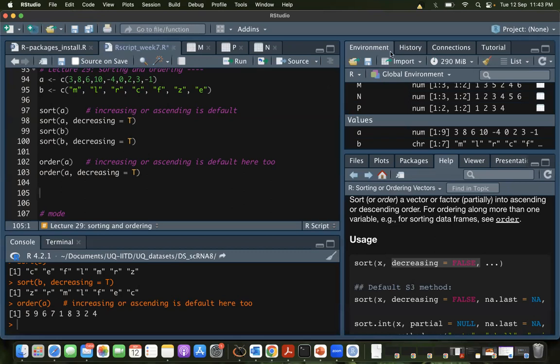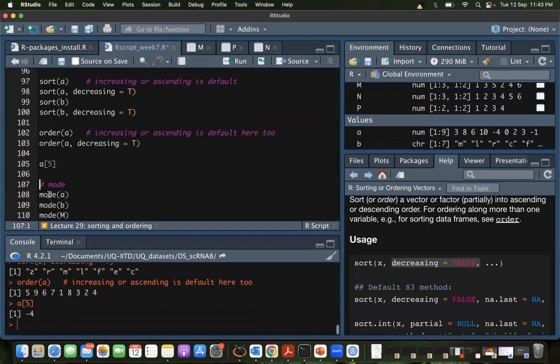Square bracket. Perfect, right? So let's say I have vector A and I want to extract the fifth position. I'll just write 5 and I'm going to get -4, right? If I write 9, I'm going to get -1.